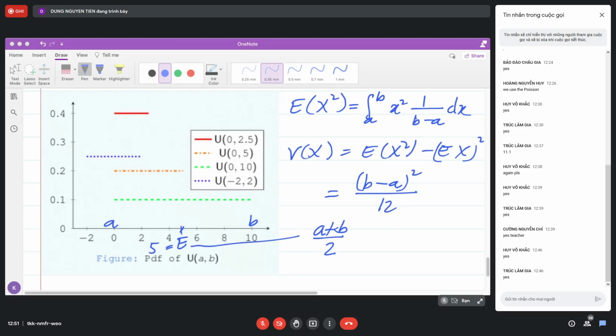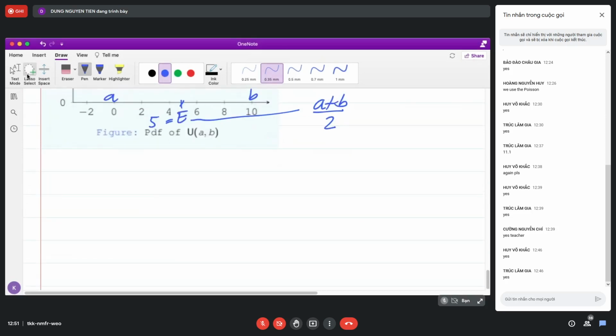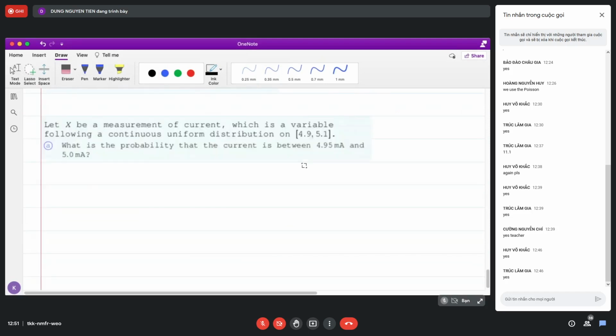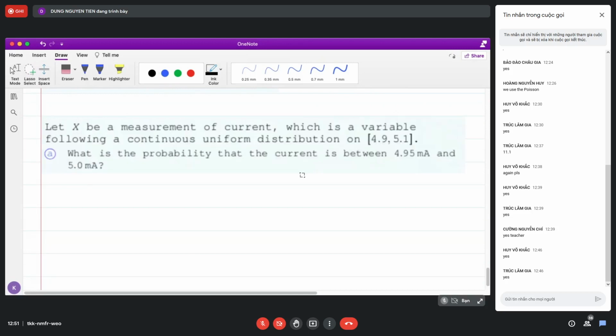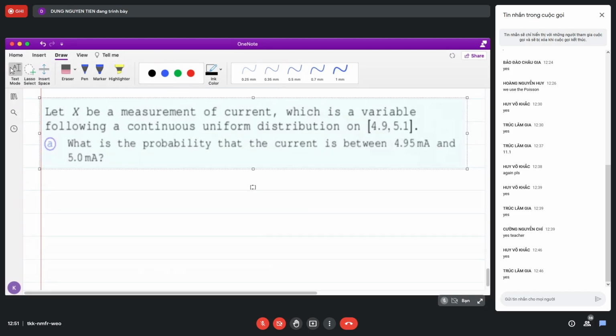Okay. Let's consider the following example. Suppose that X is the measurement of current, which is a variable following a continuous uniform distribution on the interval 4.9 to 5.1.